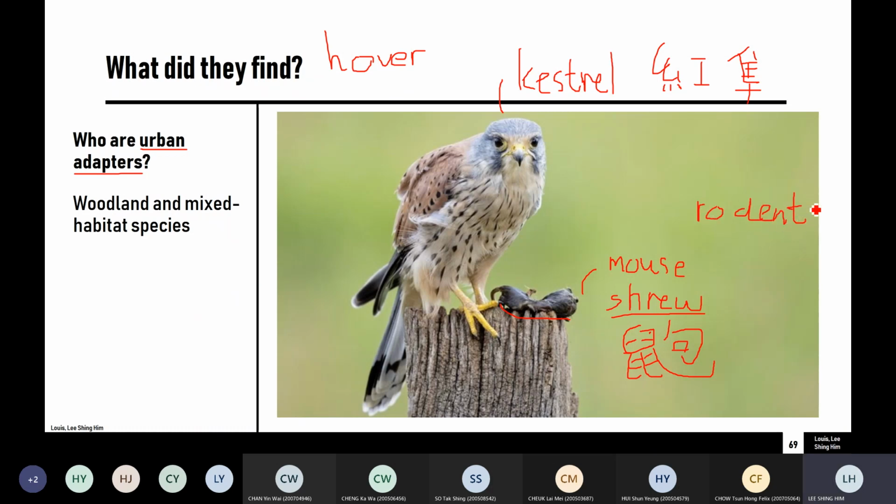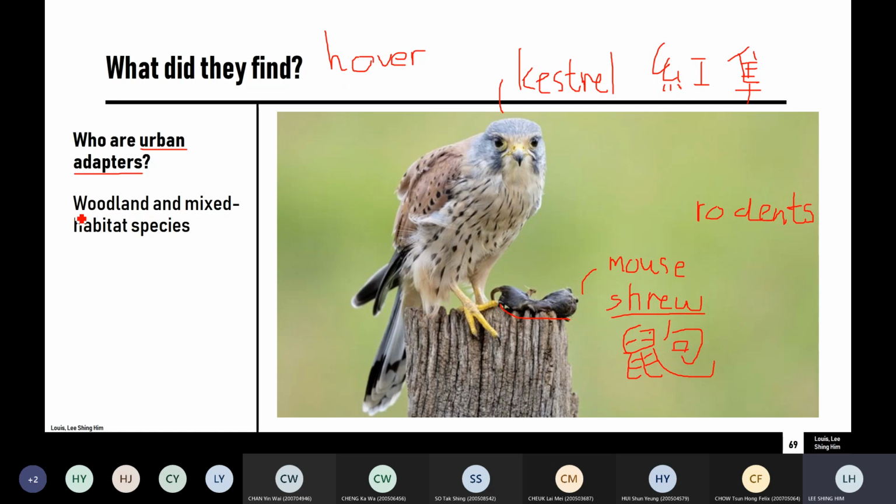And these rodents are commonly found in cities. Especially, you may say that in cities, there could be more mice than in the rural area, or the density of the mice is higher than rural areas. So these urban adapters will move into the city and then make use of that opportunity to catch their prey.